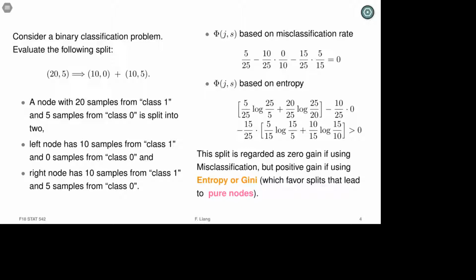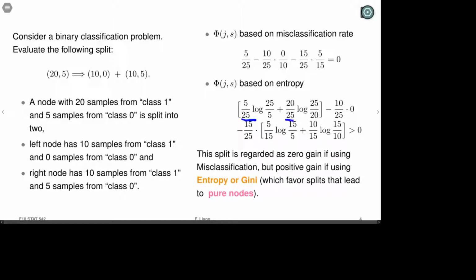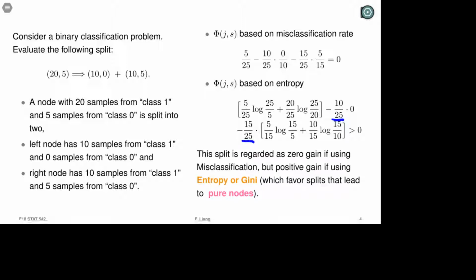Those are the 2 probabilities, and log is the reverse of the probability. So that's the entropy for the parent node. And then we should subtract the weighted entropy from the left and right nodes, with the weights as we calculated before.